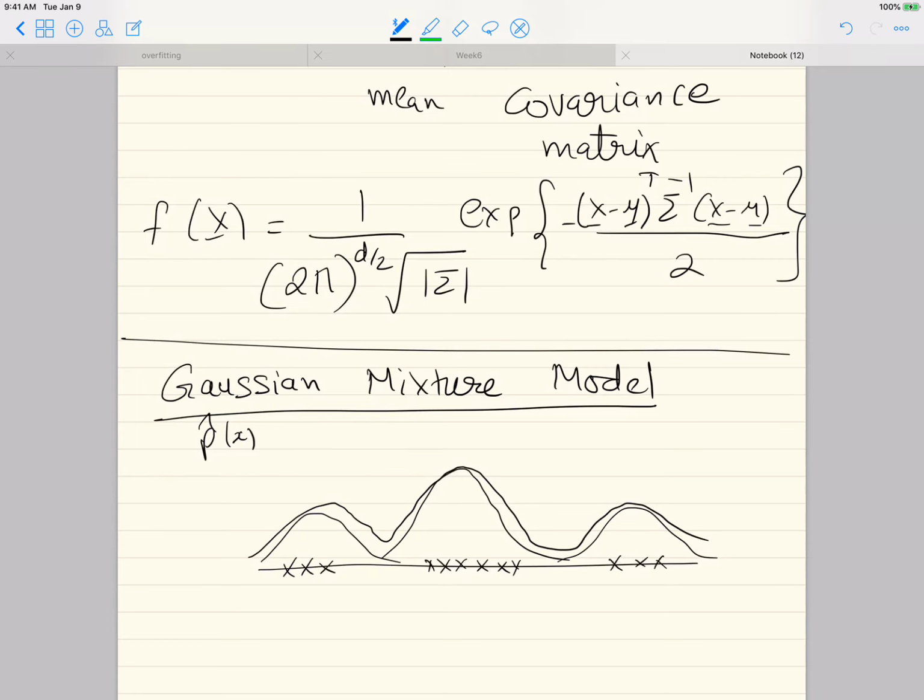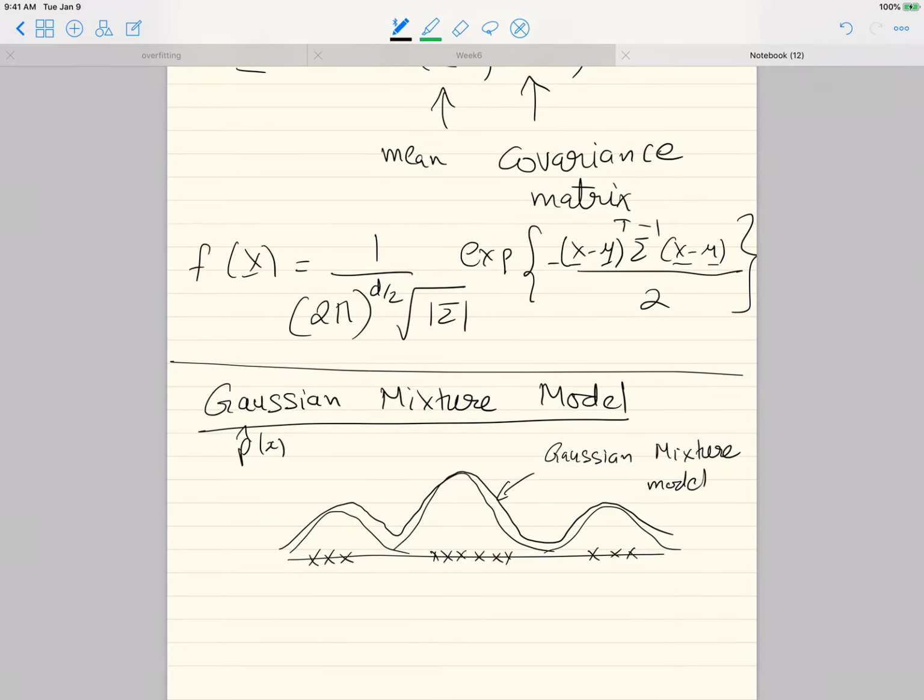So this is an example of a Gaussian mixture model. This is in one dimension. So this could be, let's say, 1/4 times a Gaussian with mean mu1 and variance sigma 1 square. This could be 1/4 times a Gaussian with mean mu3. These are the weights that I assigned.